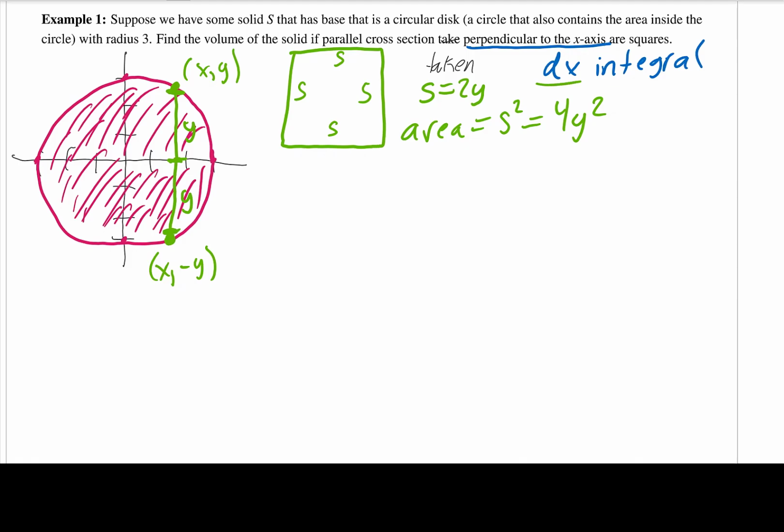So here's what we're going to do. We can form a triangle. I'm going to form a triangle here. And on this triangle, these would have side lengths x, y, and then this part right here, the hypotenuse, well, this is the radius of the circle, and we were told that it has radius 3, so this should be 3.